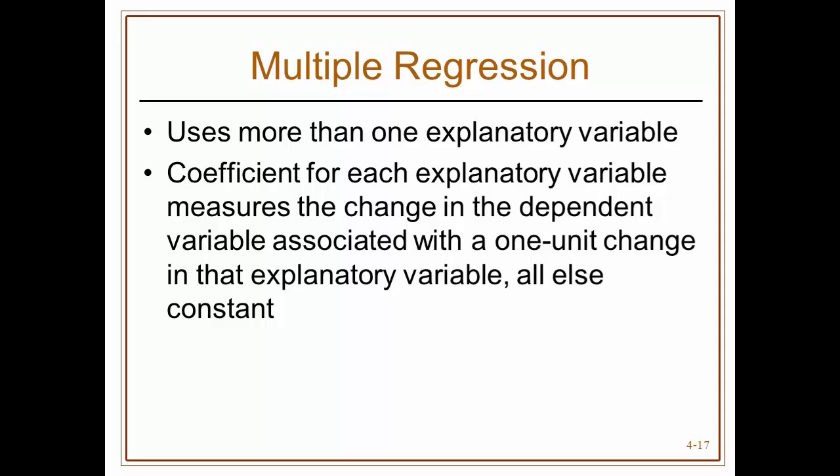So if I'm going to figure out what the relationship is between price and quantity demanded, if I have these other variables in there, like income and price of substitutes, then the coefficient on price tells me that if I hold income and prices of substitutes constant, then the relationship between price and quantity demanded is equal to b.